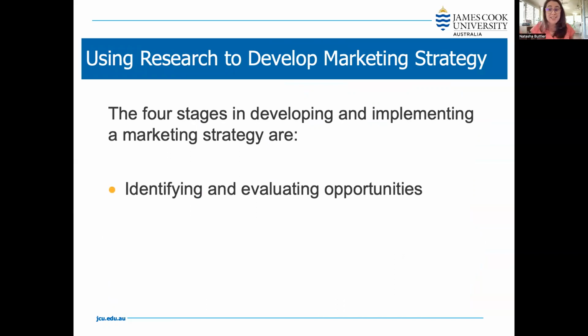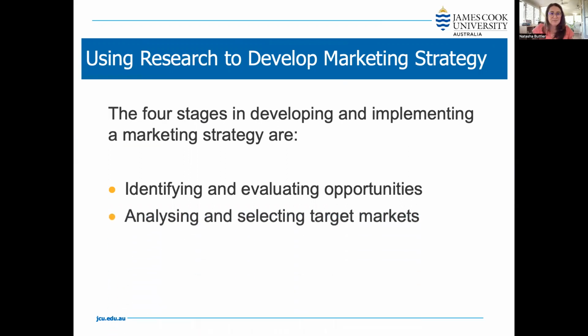Maybe some opportunities can be evaluated using different performance criteria. Such research can help us predict changes in our environmental conditions or even demand. So we can implement marketing research to identify and evaluate opportunities.